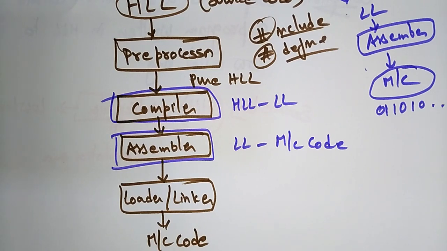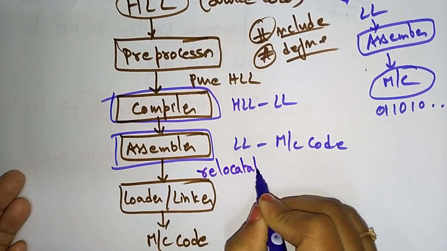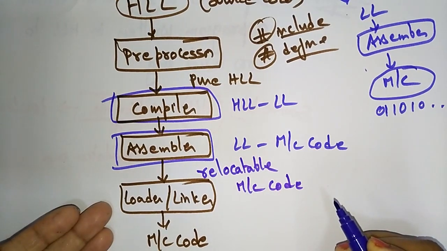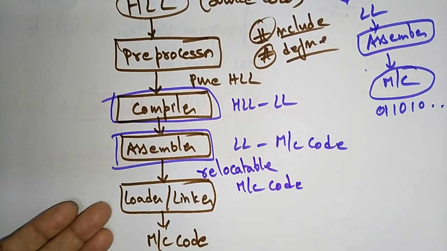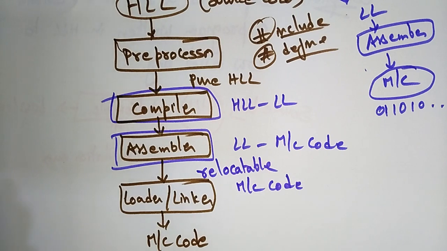The assembler generates the relocatable machine code, so it can be loaded at any point and run. The addresses within the program are adjusted to accommodate program movement. So this is the general language processing system.